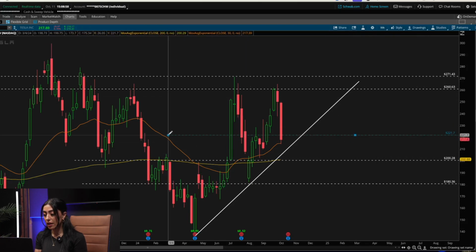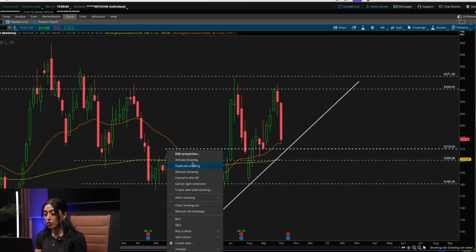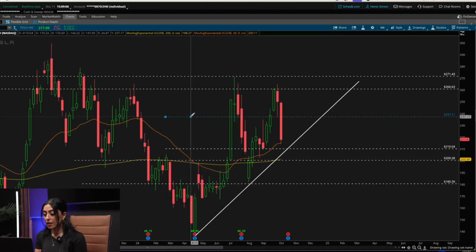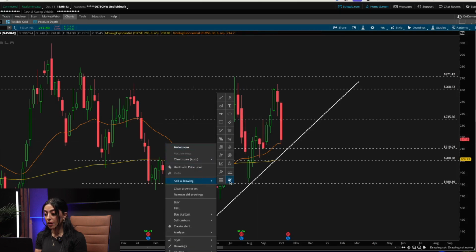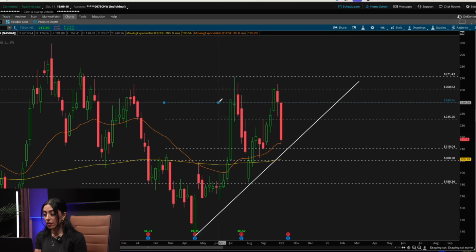Above 200 on Tesla, it looks like we have a level at around 210. Above 210, it looks like the next level up we have is around 235 on Tesla with these two wicks. And then above 235, it looks like we have another level here sitting at around 250, with the top of this candle, base of this candle, and candle here.